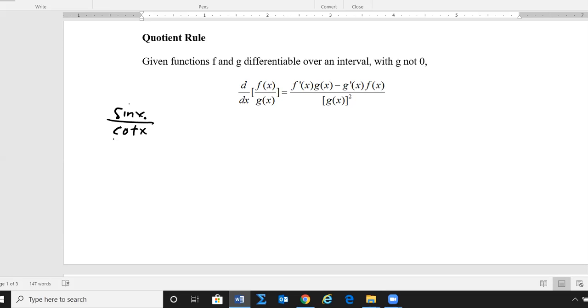In fact, let's not even use that. Because you might say, oh, I can simplify that. Let's try if you had the sine of x over the tangent of x.